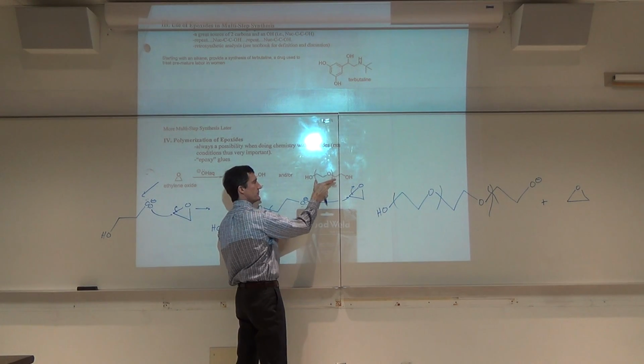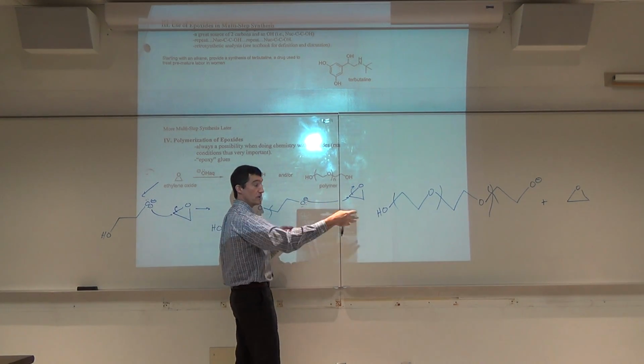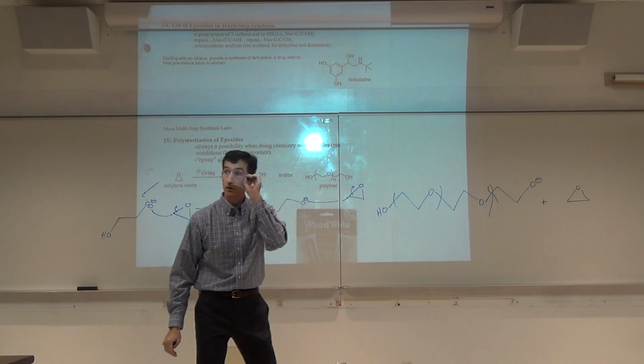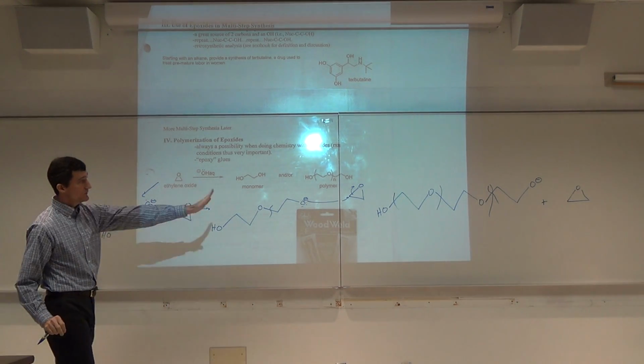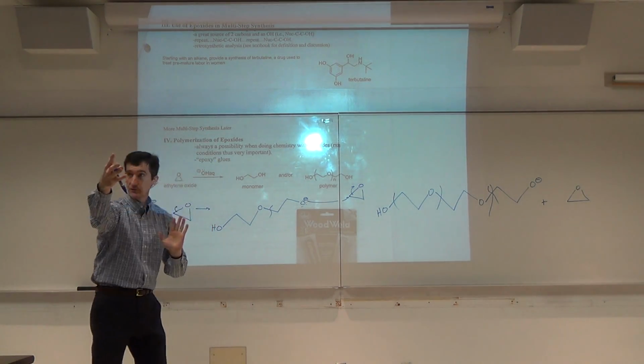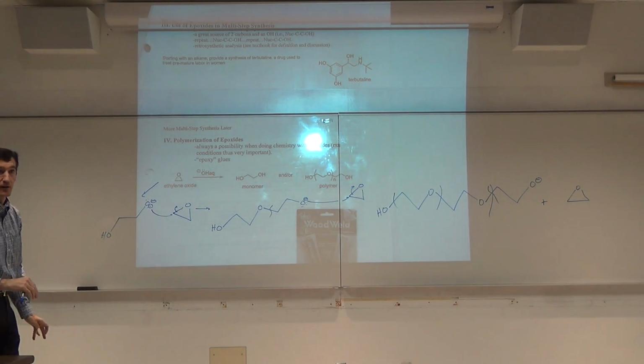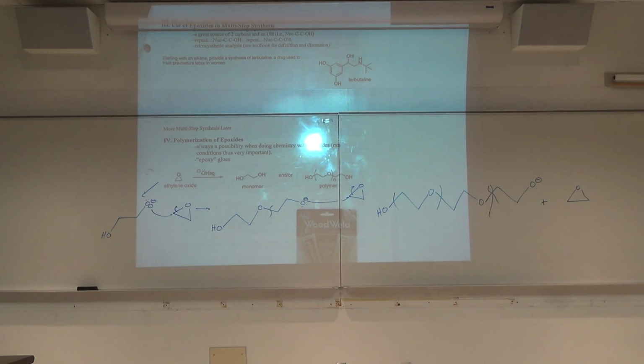So that's a repeating unit that goes on and on if we just draw the structure out over and over. And that thing, which would be a gazillion miles long in terms of molecular size, would have a huge molecular weight, and it would be a solid.